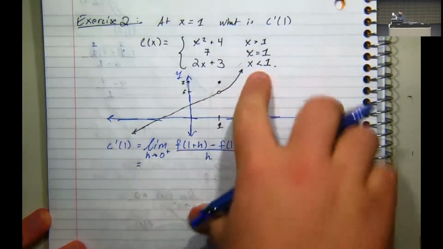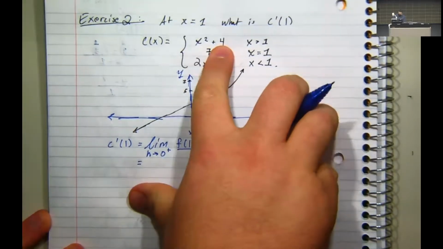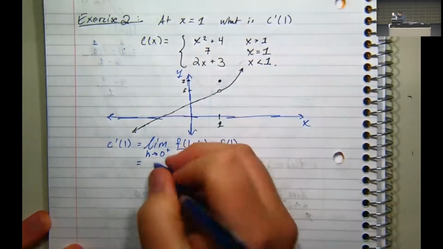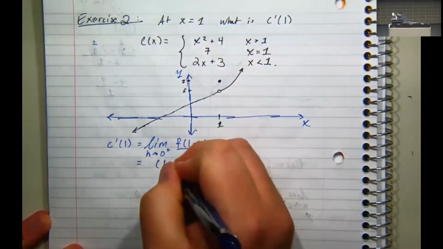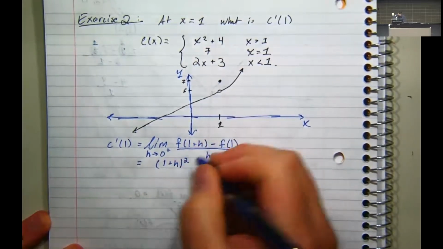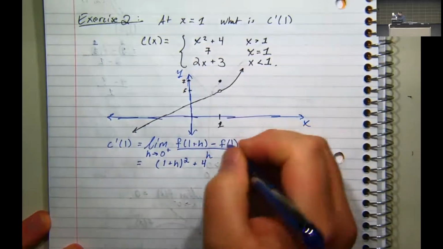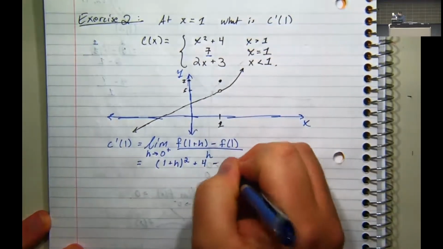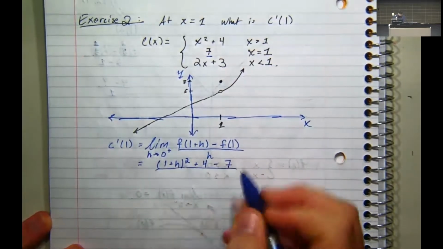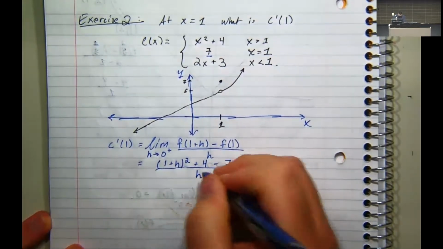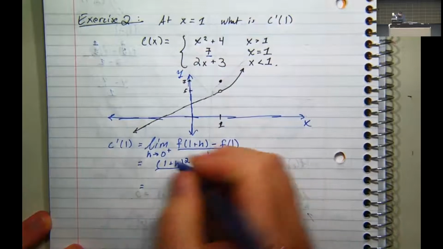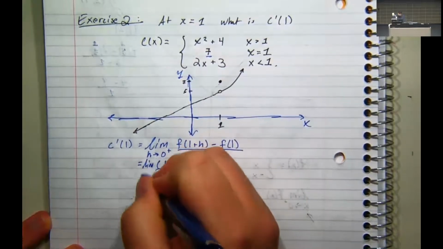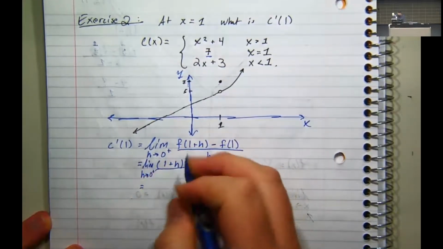Coming from the right, we're going to be using x squared plus 4. So that will be (1 plus h) squared plus 4 minus f at 1, which is 7, minus 7, all over h. And this is the limit as h approaches 0 from the positive.